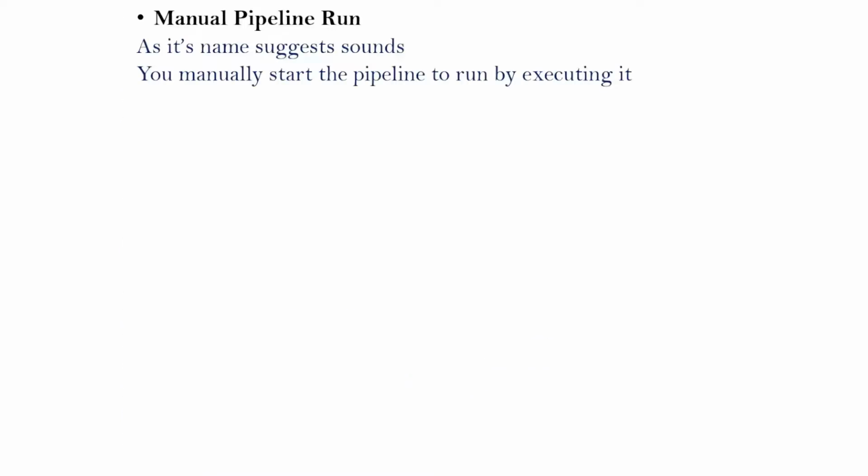So first we have the manual pipeline run. As the name suggests, you have to start the pipeline run manually by executing it. So you have set a pipeline. Let's say I have some network folder or some kind of storage where my source data is coming and getting stored. Now I have run an ETL over that.